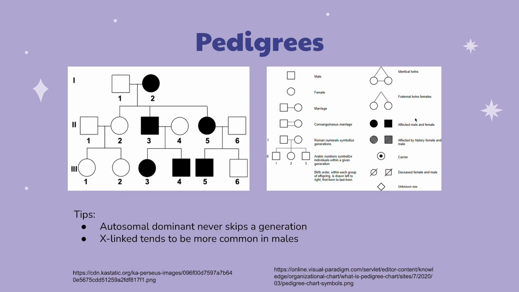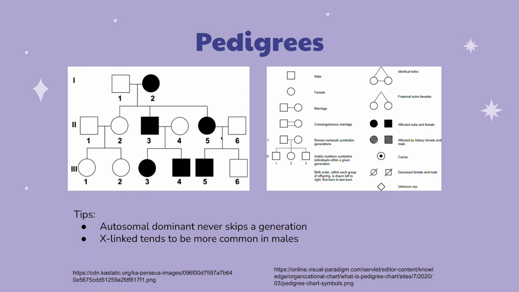If the individual is affected by something, then they will be colored in. Also, the way you identify individuals on a pedigree is you use this number and you follow it by one of these numbers. So this individual is Roman numeral 2, 3.